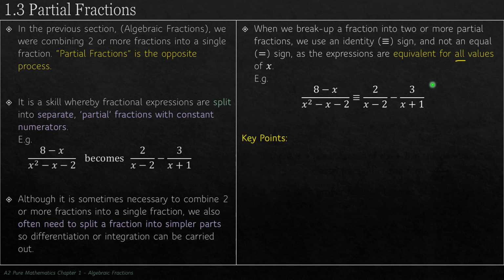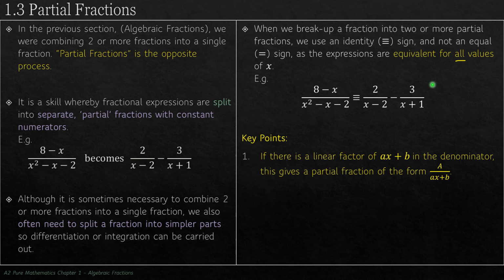A couple of key points. First key point, if there is a linear factor of ax plus b in the denominator, this gives a partial fraction of the form something over ax plus b, that same factor.